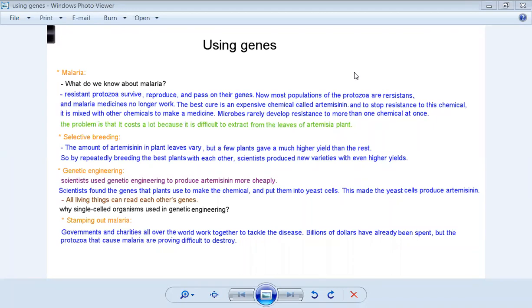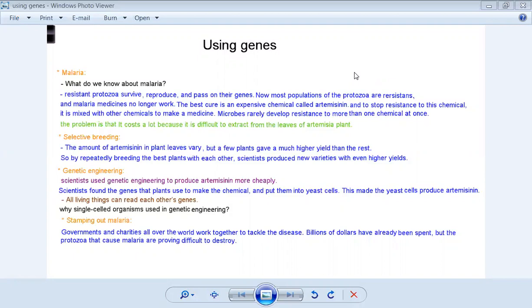So scientists found the genes that plants use to make this chemical. Okay, they found the genes, so they add them into the yeast cells. Since yeast cells are easy to reproduce and multiply, they made them produce artemisinin. So when they reproduce, they will use this gene to produce artemisinin. Here, all living things can read each other's genes.